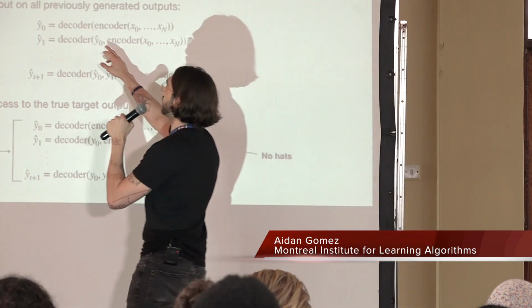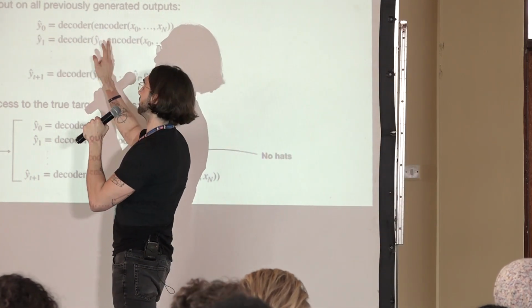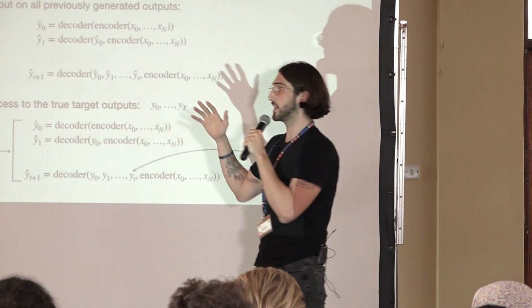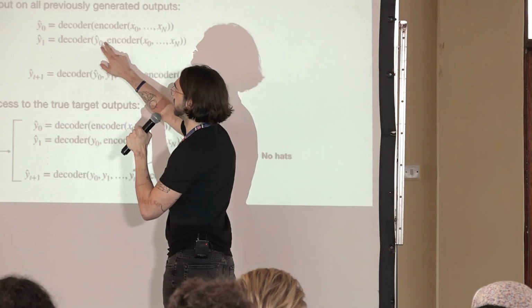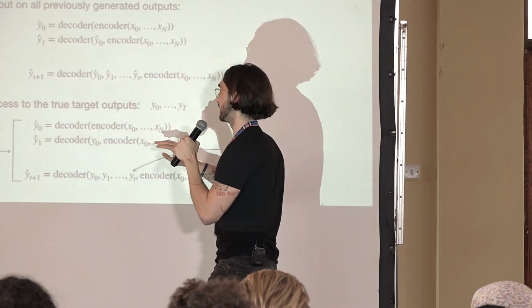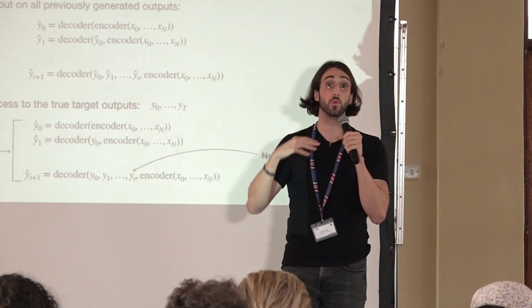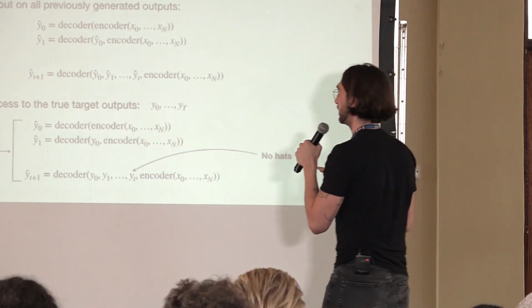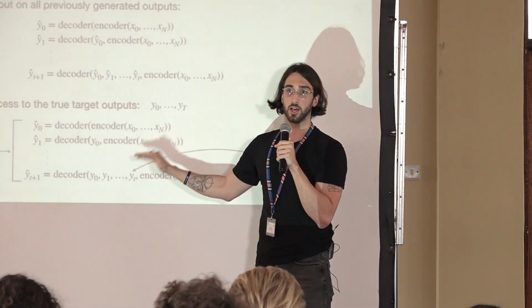So whereas here we are producing predictions and feeding them back in, one thing that we could do is, instead of feeding in predictions here, we could feed in the targets, the things we wish we had produced. And so now there's actually no dependence between the lines.